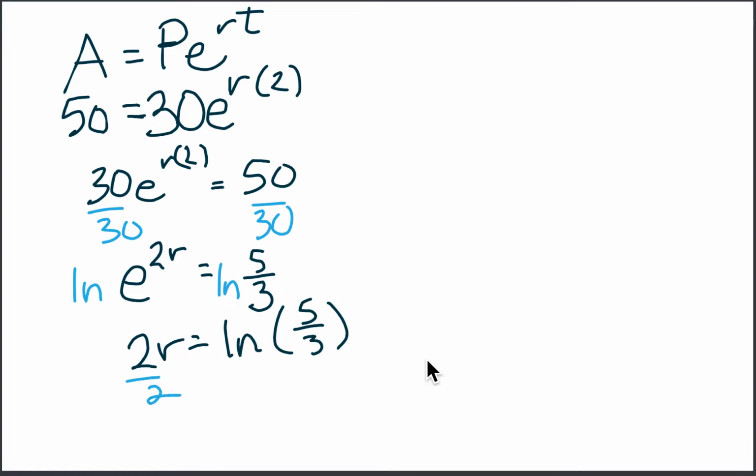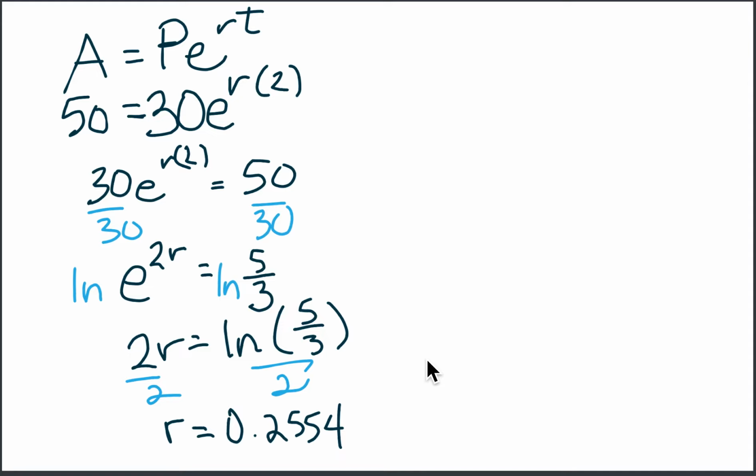Divide by 2. And r equals, I already put this in my calculator, and I got 0.2554. It's increasing at over 25.5% per day. This is a daily rate because the time was in days.